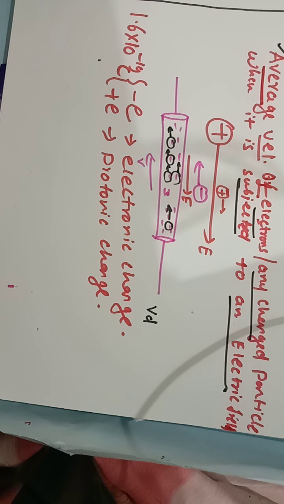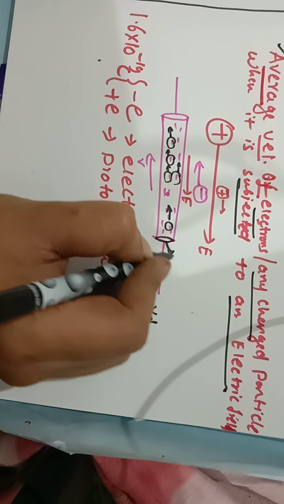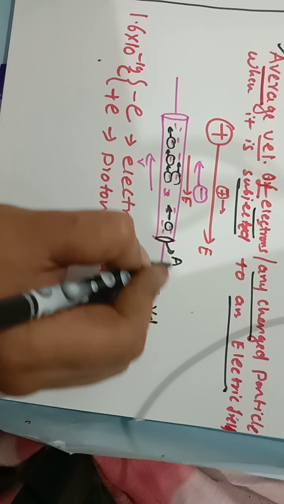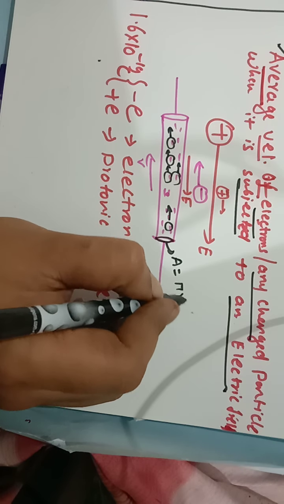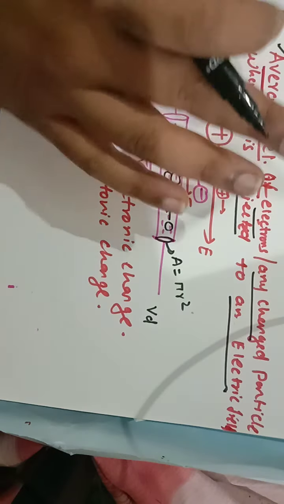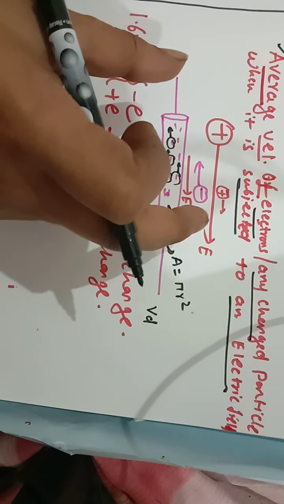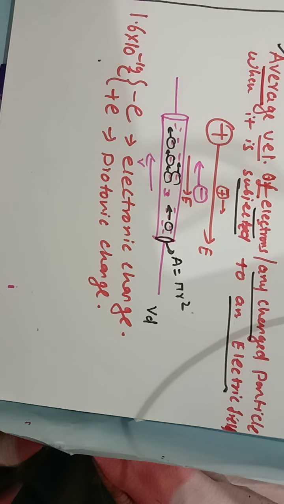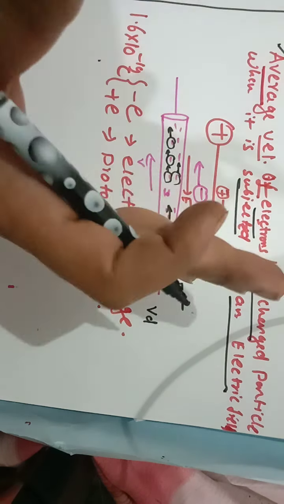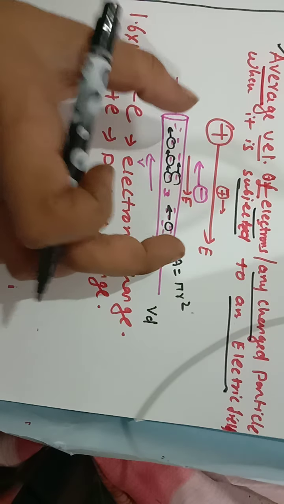Now suppose the radius of this cross section is r, so the area will be pi r square. Every wire will have a circular cross sectional area, and if we take a particular section of wire, it will look like a cylinder.